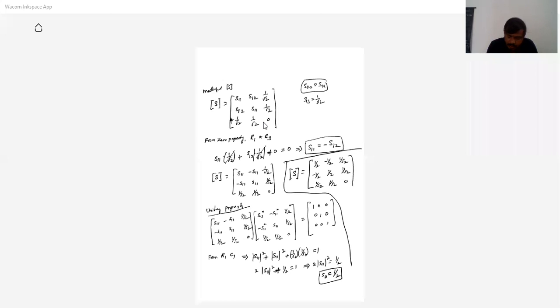So this is the final one. These are the S parameters for H plane T. Right?